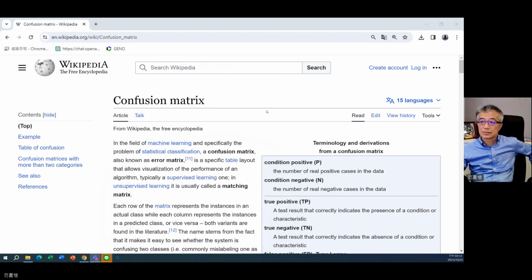So this is the video clip about describing how confusion matrix works for the evaluation of your proposal, particularly in supervised learning.